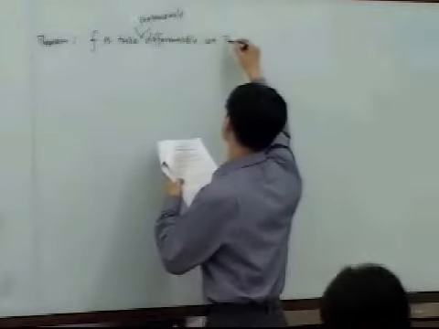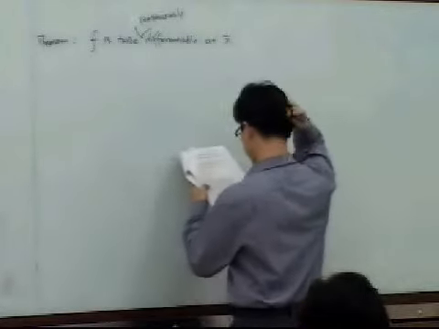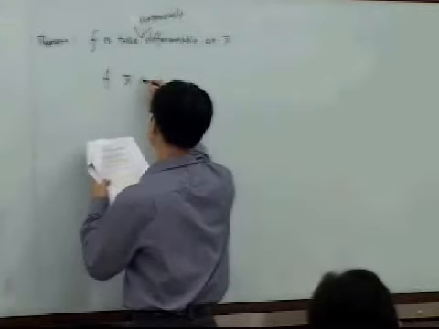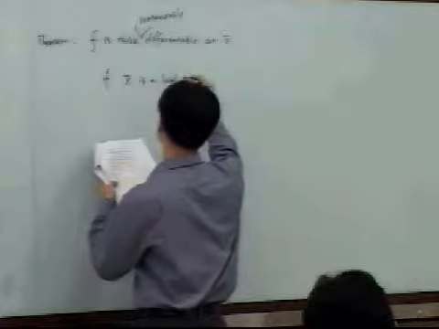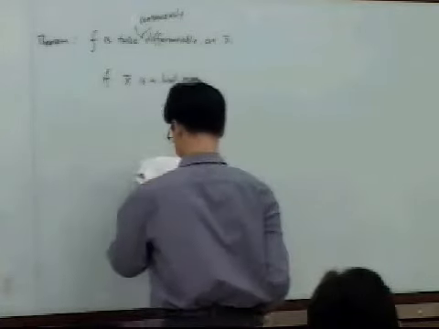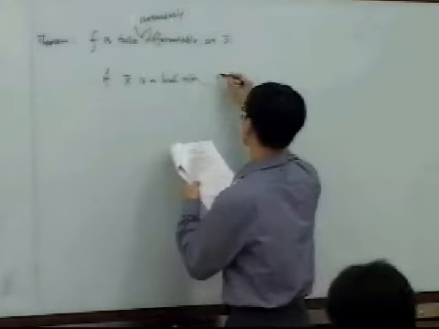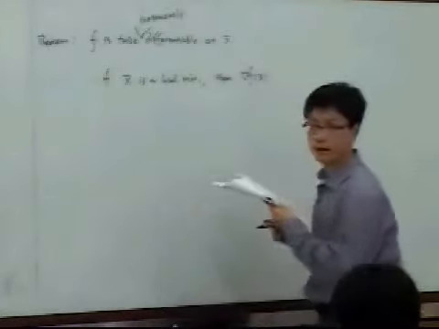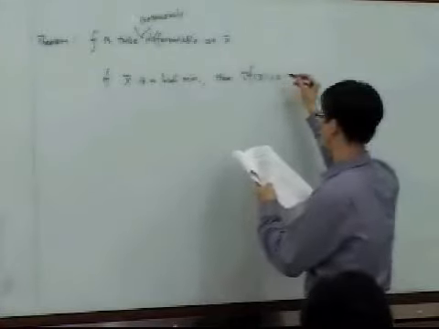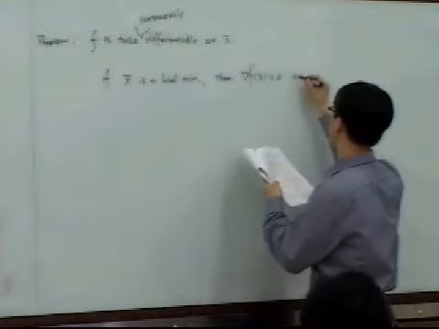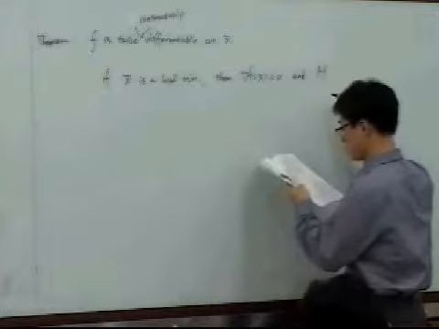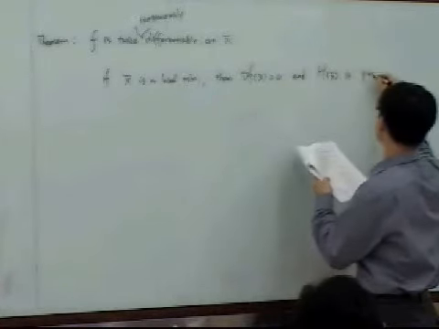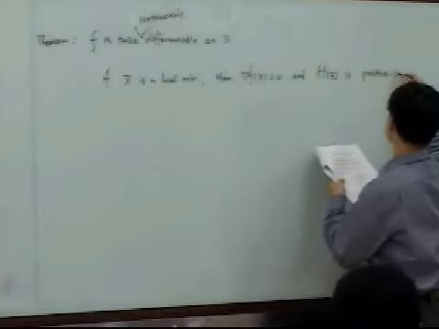at x bar. If x bar is a local minimum, then the gradient of f at x bar is equal to 0, and the Hessian matrix at x bar is positive semi-definite.